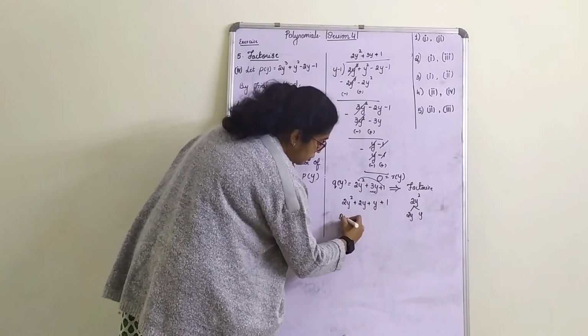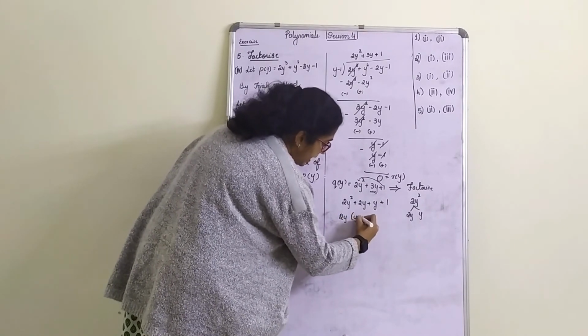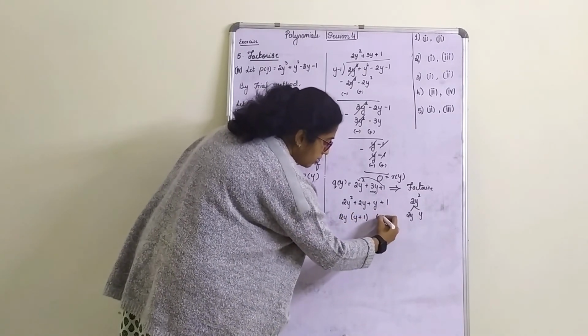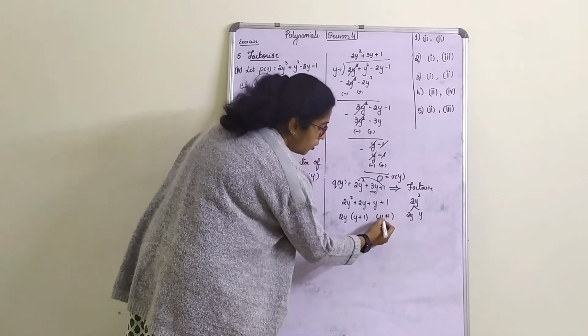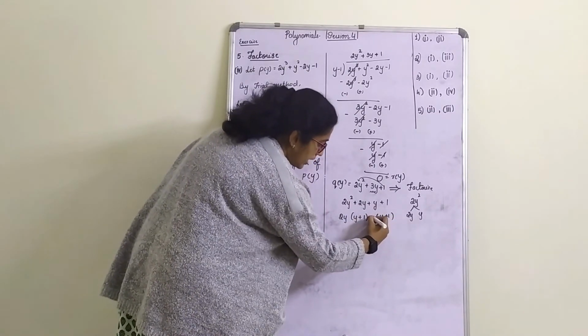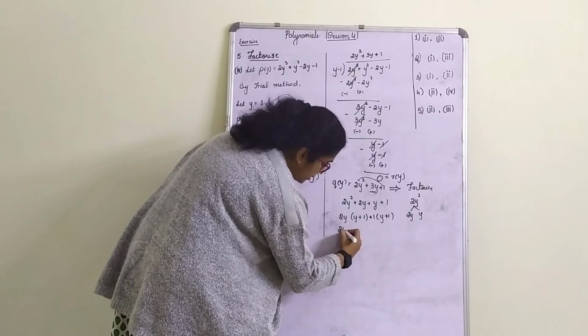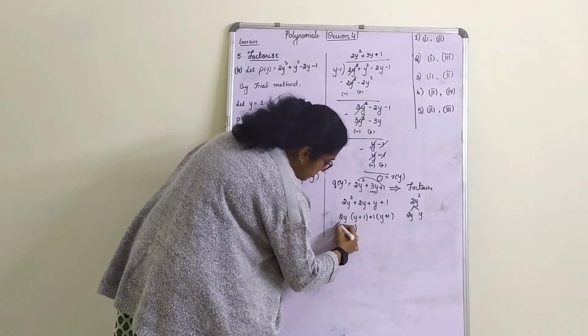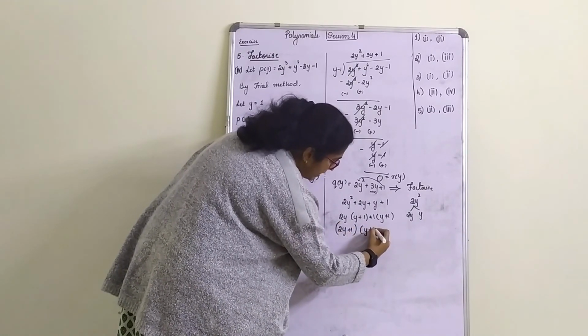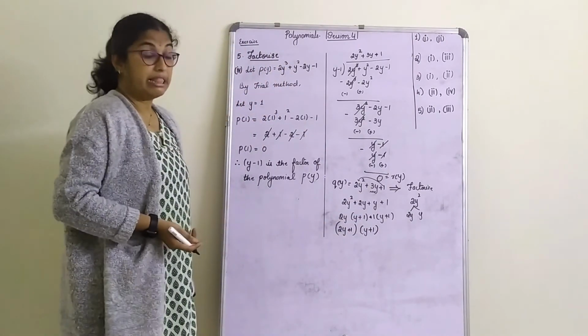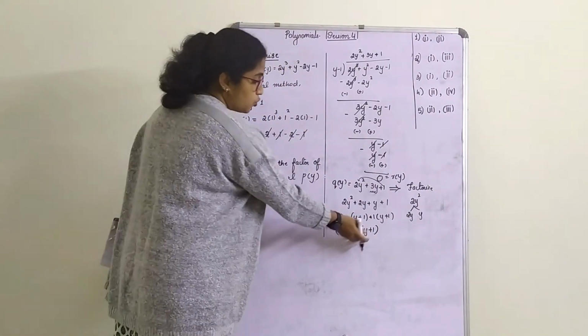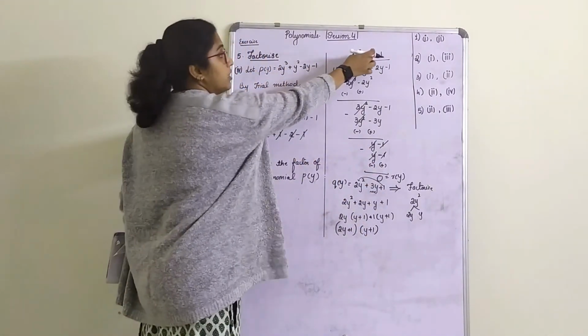Group them. 2y is common, y plus 1. Here also it should be y plus 1. So this is 2y plus 1 and y plus 1. Therefore, these two are the factors of the quotient.